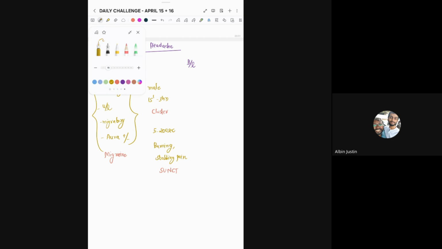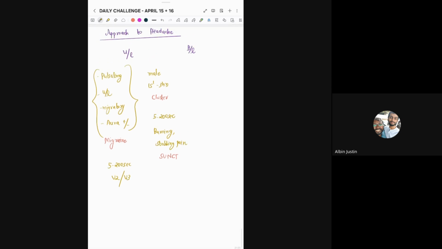When you have pain for 5 to 200 seconds with involvement of trigeminal V2, V3, which is triggered by chewing or touching, it will be trigeminal neuralgia.